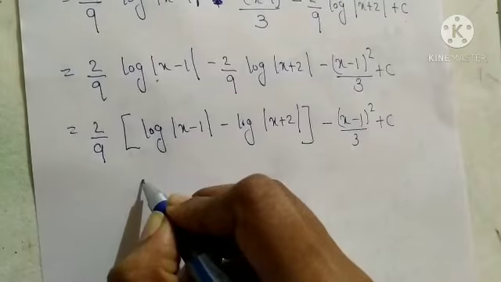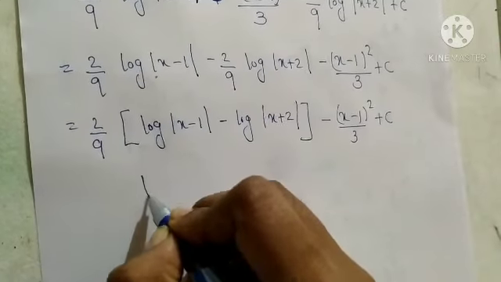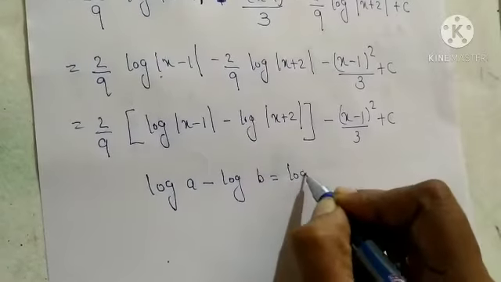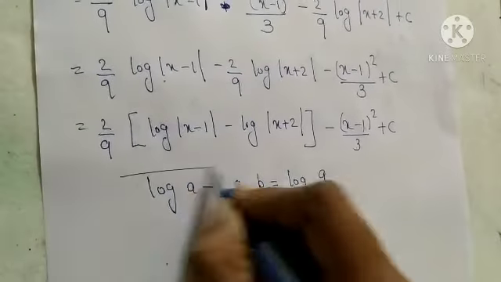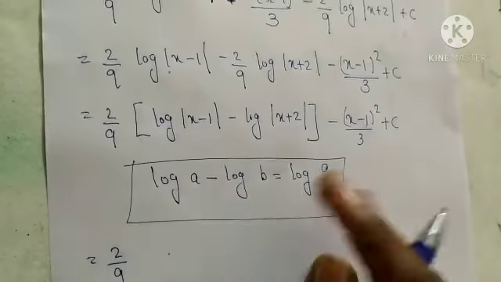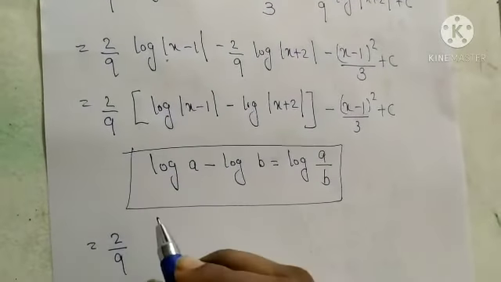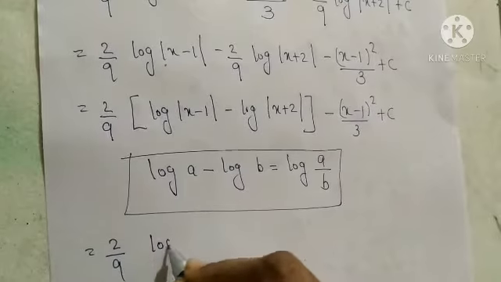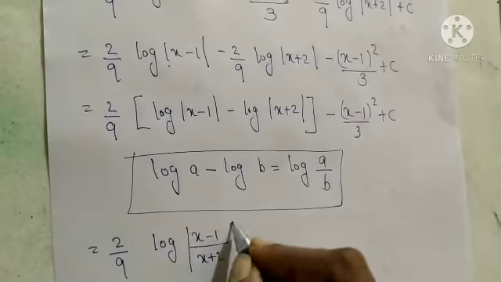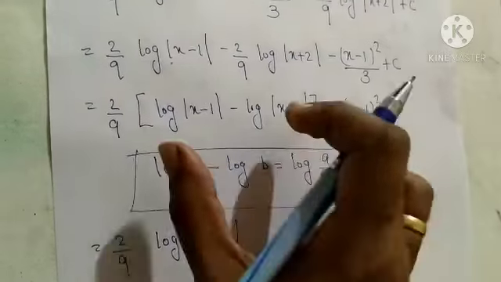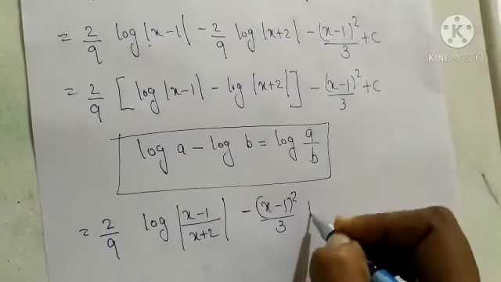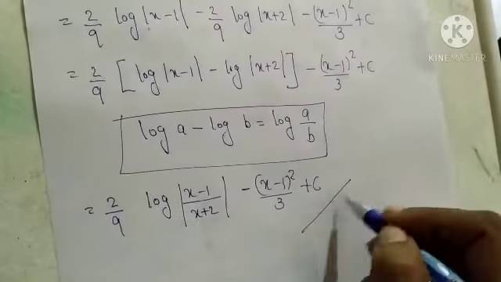Next I am going to use the property of logarithm, that is log a minus log b can also be written as log a by b. So using this logarithmic property, our answer will be 2 by 9 log mod x minus 1 divided by x plus 2, minus this term which remains the same. So this is our final answer.